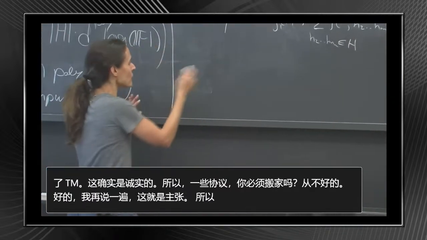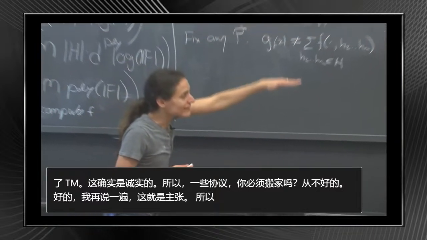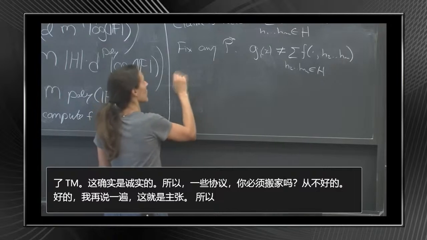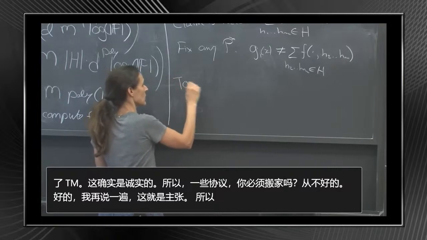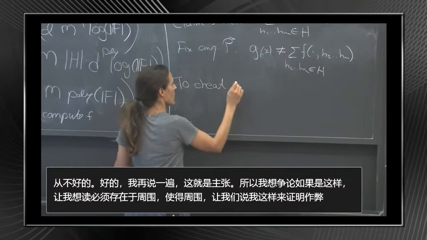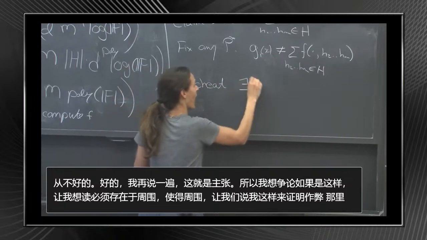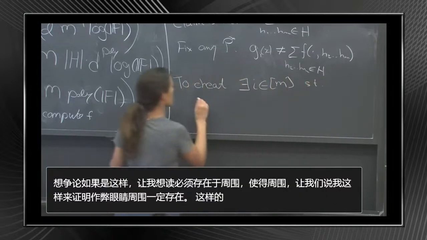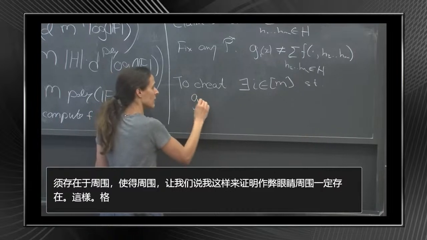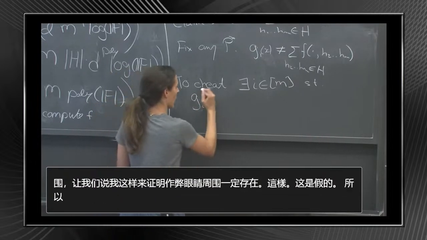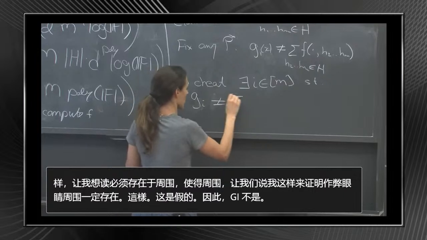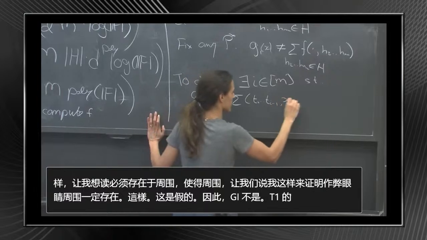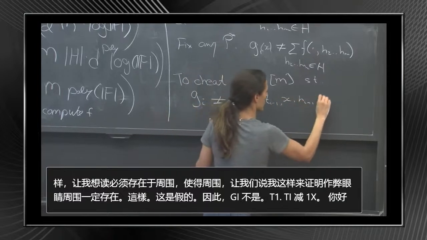I want to argue there must exist a round, let's say round i, such that to cheat, G_i is false, so G_i is not the sum over h_{i+1} up to h_m of F(t_1, ..., t_{i-1}, x, h_{i+1}, ..., h_m).